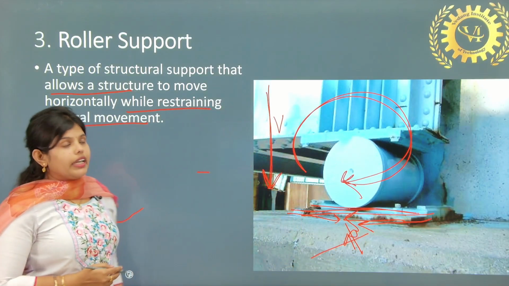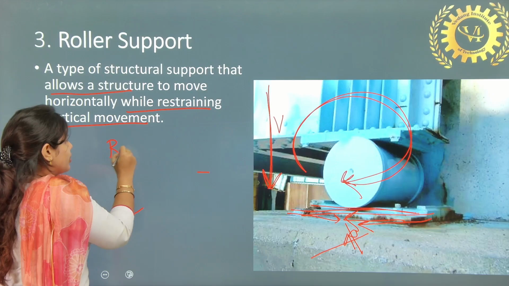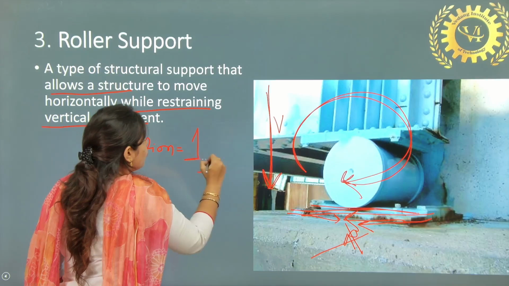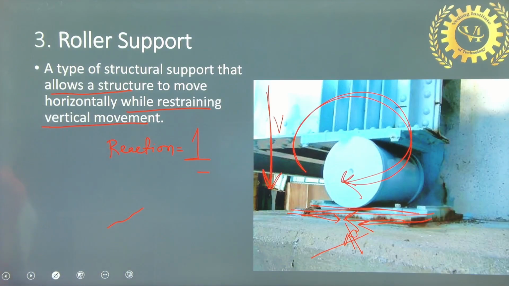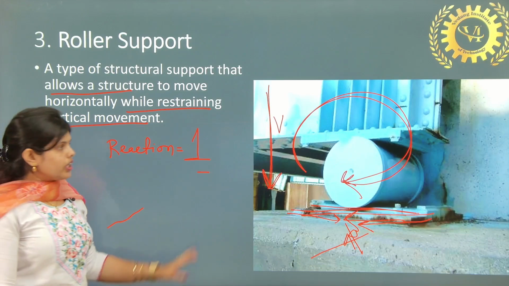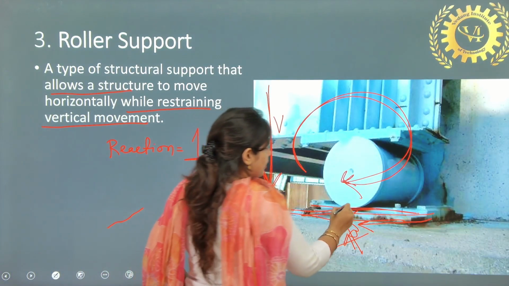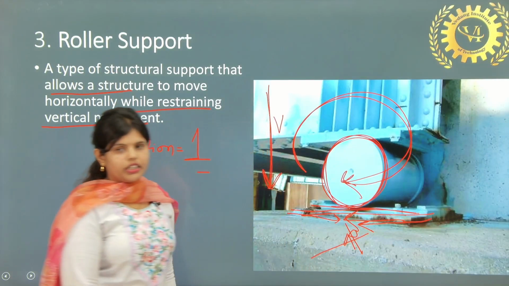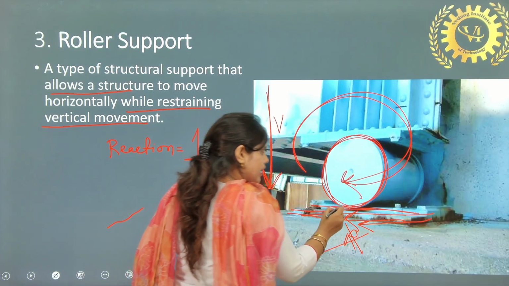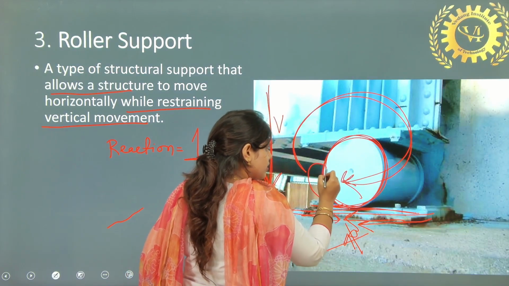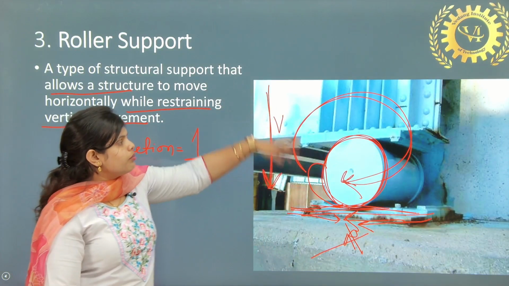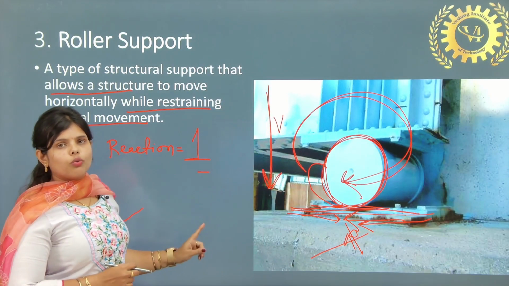So when we calculate the reaction, there is only one, that is in the vertical direction. You can see the roller here. A roller can rotate, it can move horizontally, but it can't move vertically. So the reaction is 1.